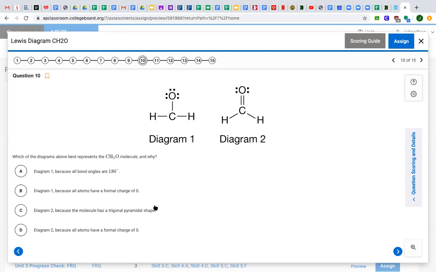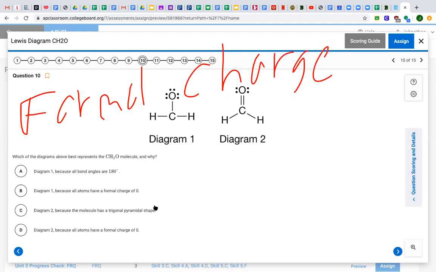And do we need to do a review of calculating formal charge? Really briefly, every electron on a given atom counts as 1 and every bond counts as +1. If the net charge is equal to the number of valence electrons the element has, it's got a formal charge of 0. If it's greater, it's got a negative formal charge, and if it's lesser, it's got a positive formal charge.